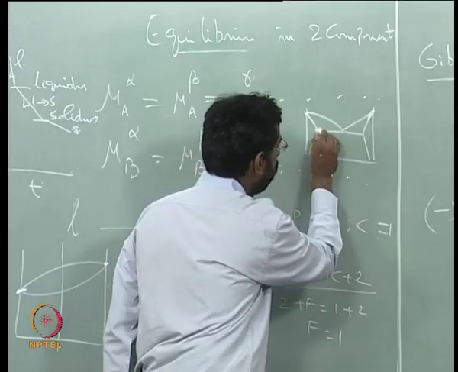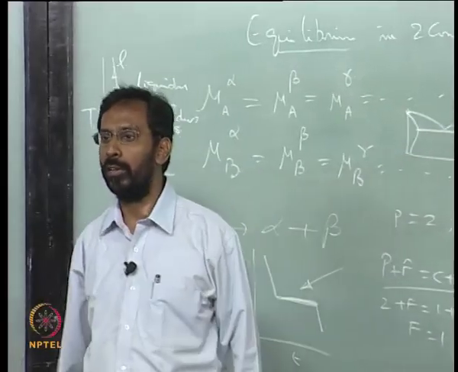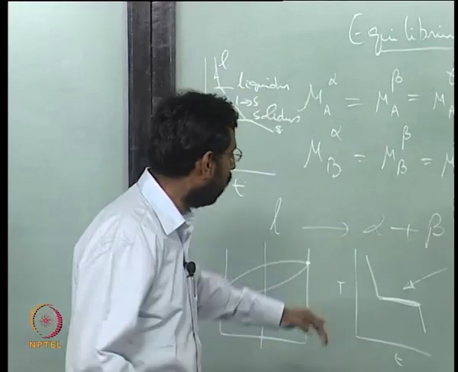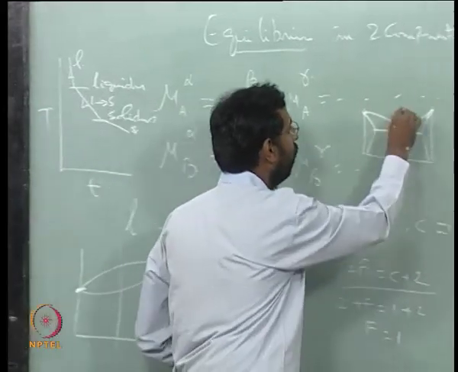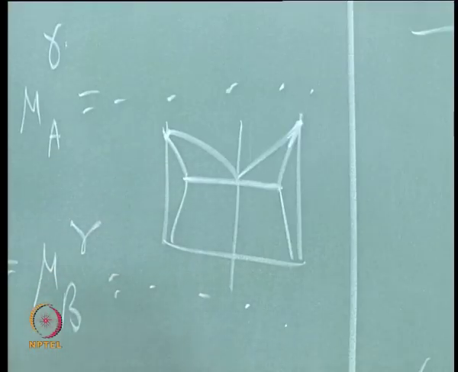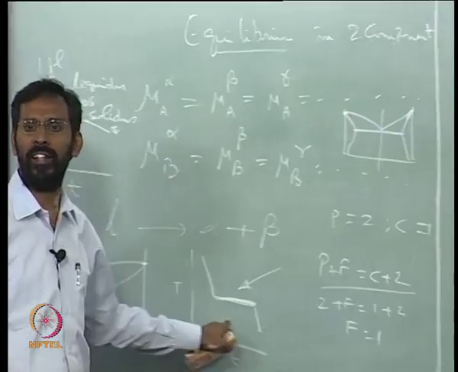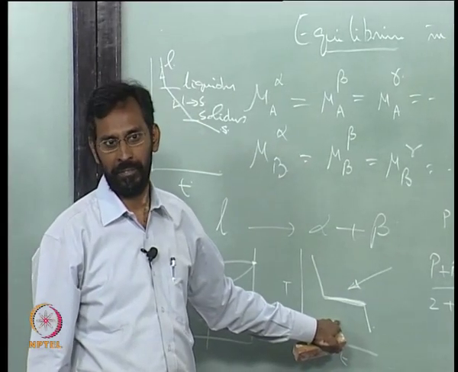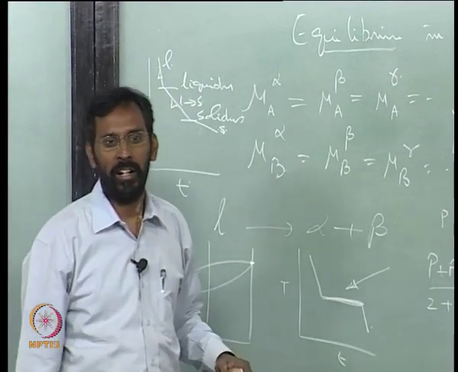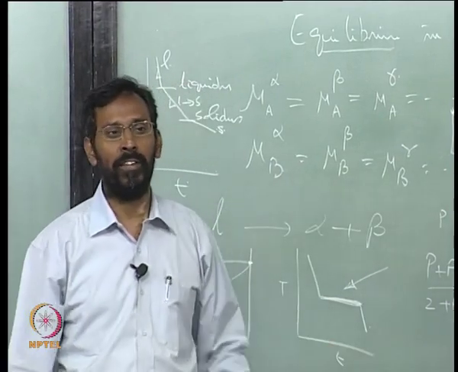And so this horizontal that we are talking about, and that horizontal, if you take an alloy of this composition and do a cooling curve analysis, you will exactly get this kind of a thing, excepting that you sometimes get something different. What is that?